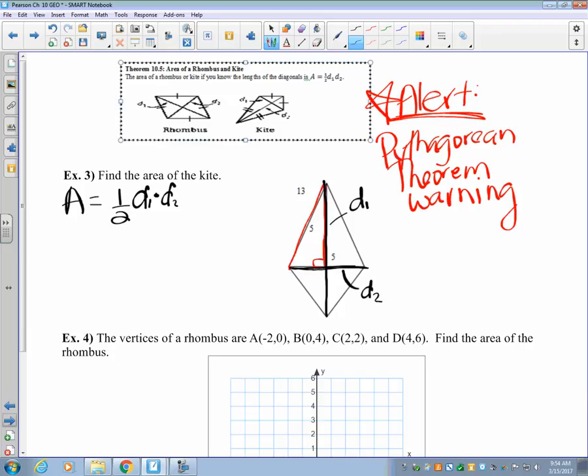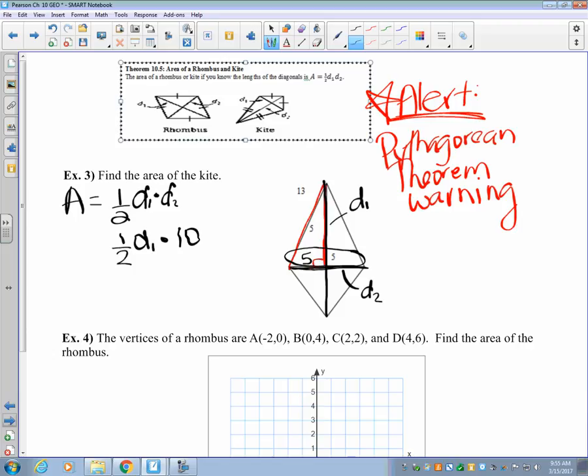I don't know D1 because I don't have any information about that line right there. But I know that D2 is twice the 5. 2 times 5 is 10.